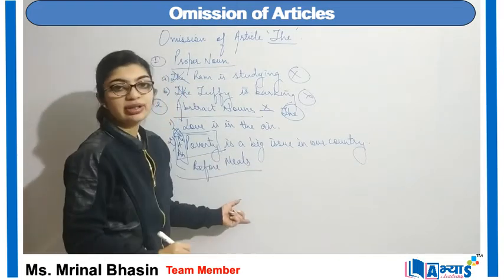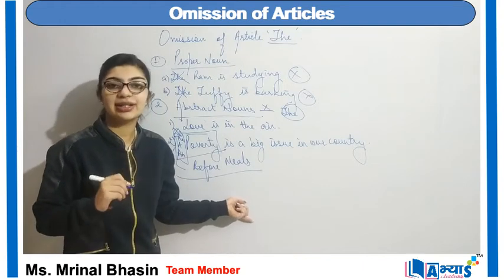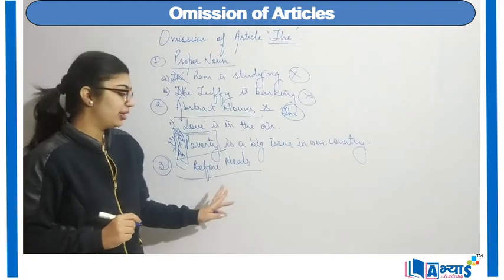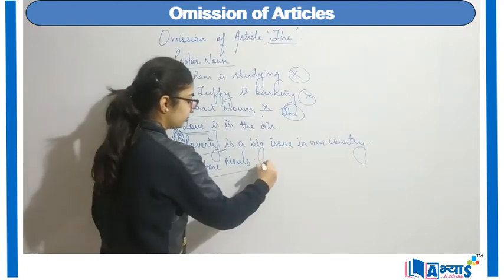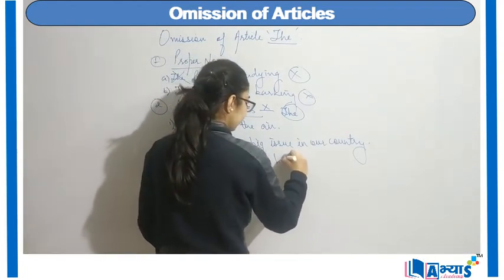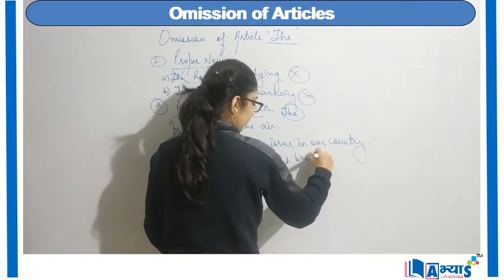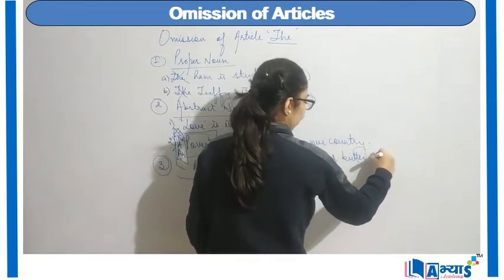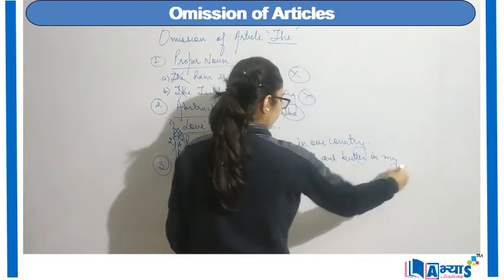Same was for the usage of articles a and an, and same is for the article the before meals, like: I had bread and butter in my breakfast.